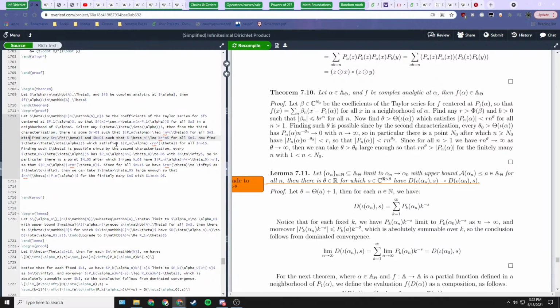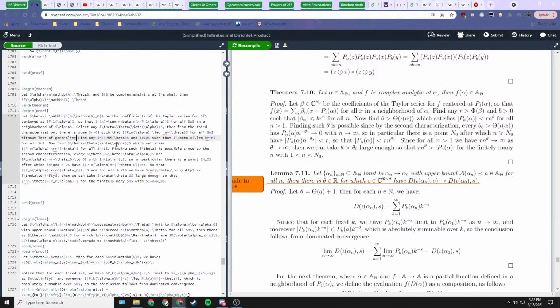Without loss of generality, we may assume that r is greater than capital phi of beta. I think this is okay. So when we select r large enough, we can assume that r is strictly greater than phi beta.